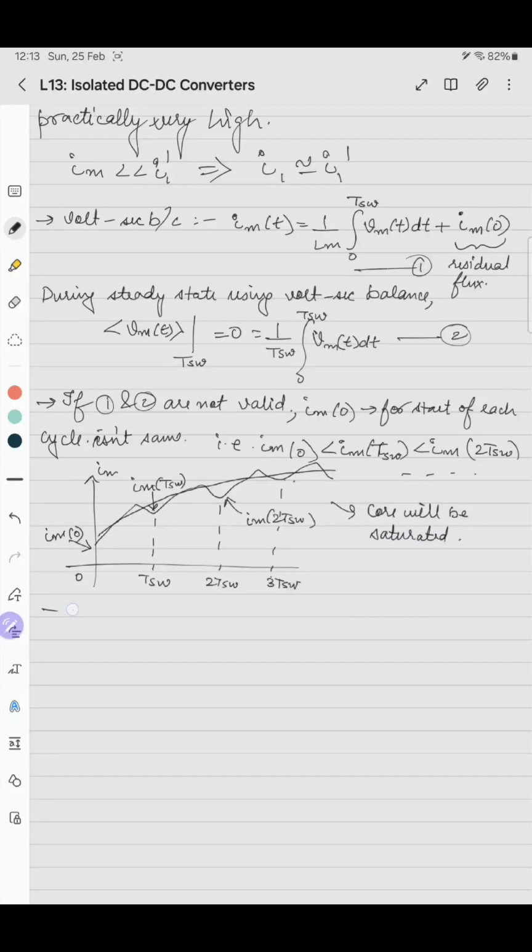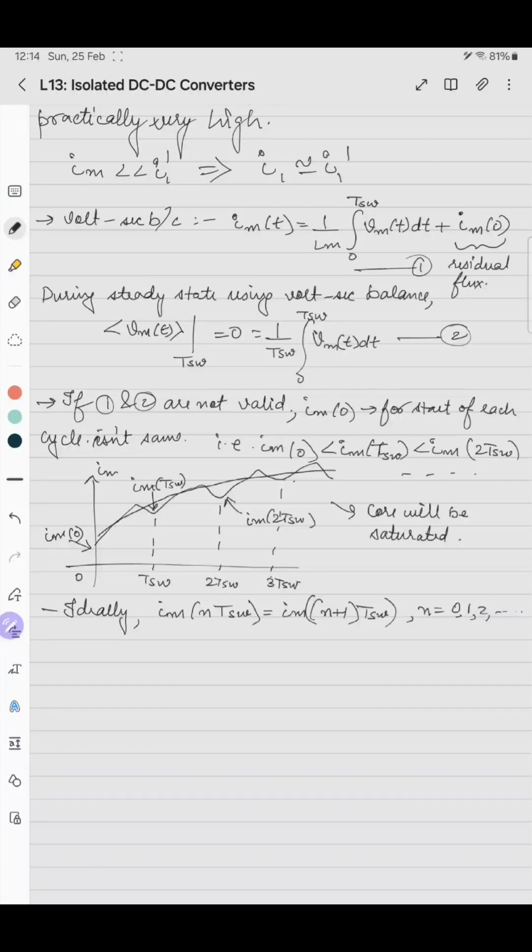So ideally, Im of n into t switching should be equal to Im of n plus 1 into t switching, where n equals 0, 1, 2, and so on.